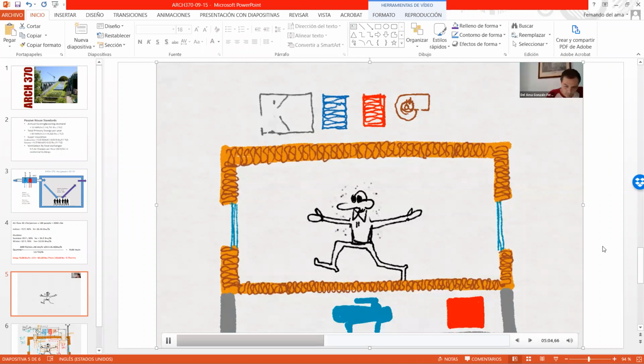Usually a heat recovery, it's something like that. Okay, so it's like a square, like a rotated square within another square.